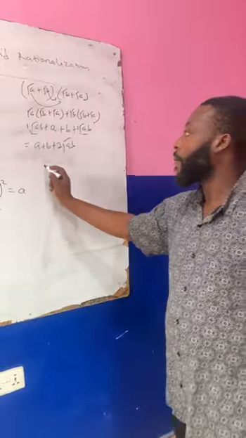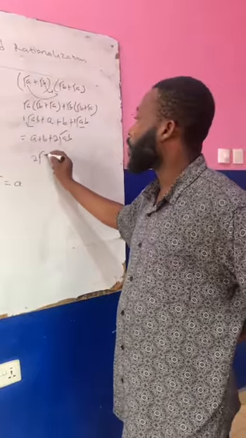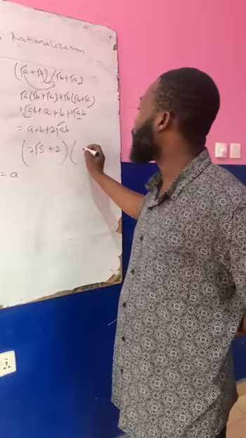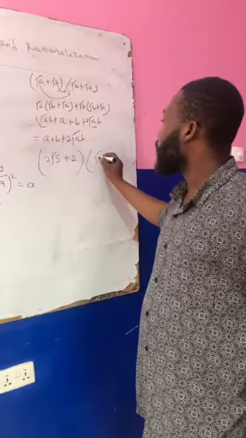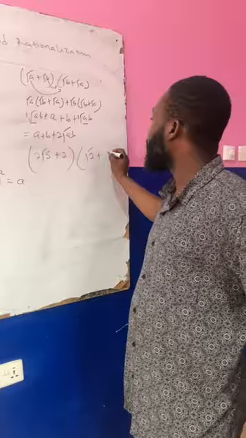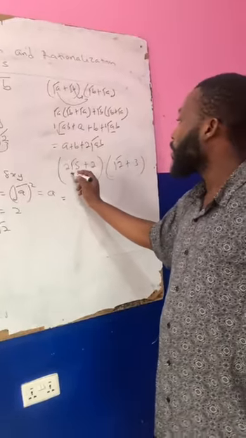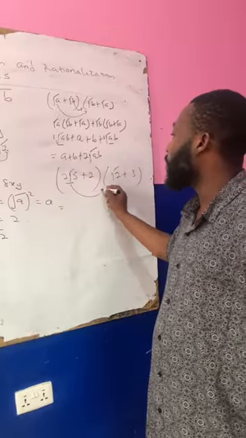Alright. Now if I have 2 root 5 times, let's say, root 2 plus 3. So all we have to do is take the first term here to multiply the whole bracket.